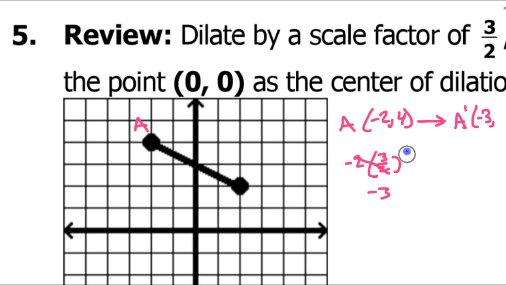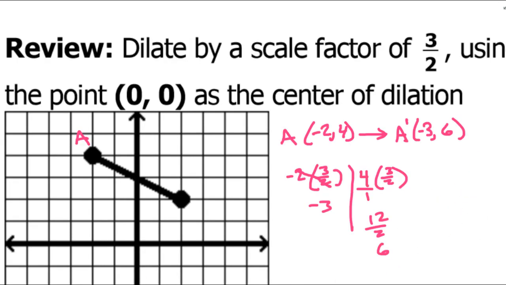Now, if I do the same thing with the y value, if I multiply 4 times 3 over 2, remember, this is like having 4 over 1. 4 times 3 is 12. 1 times 2 is 2. So that's 12 over 2, which is 6. So A prime is negative 3 comma 6.